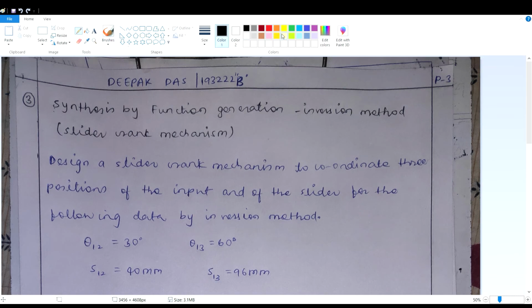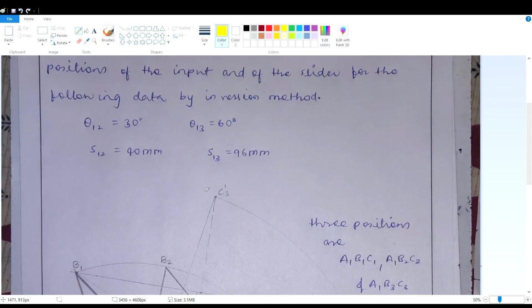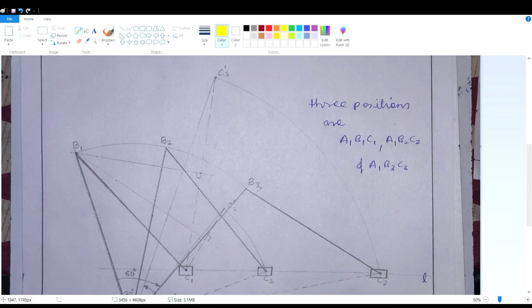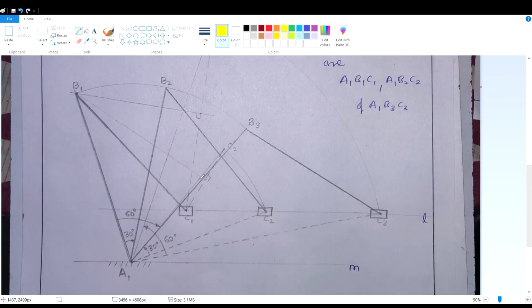And the displacement of the slider is given as 40 mm and 96 mm at the second and third positions. So we have to make the slider crank mechanism based on this question.